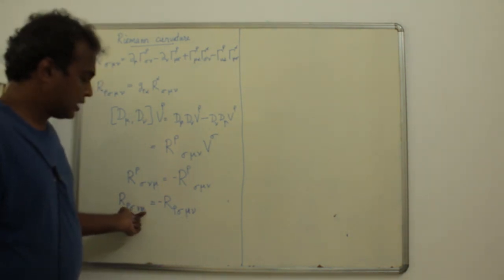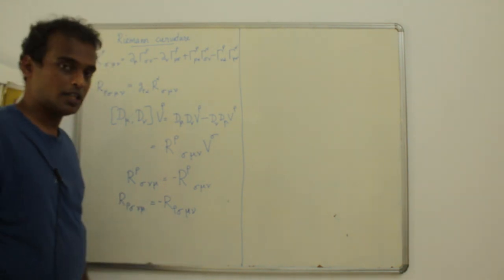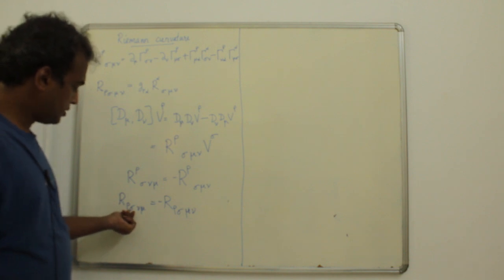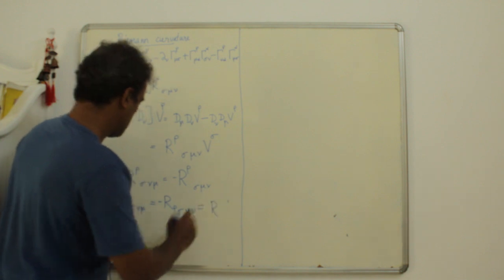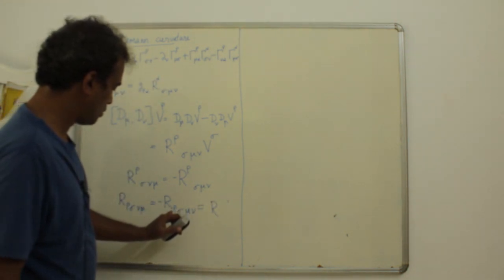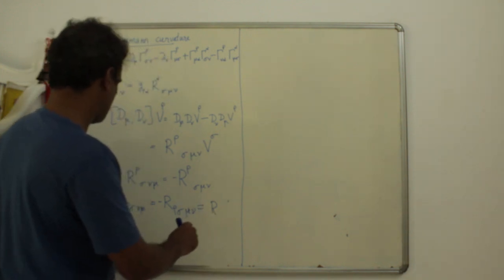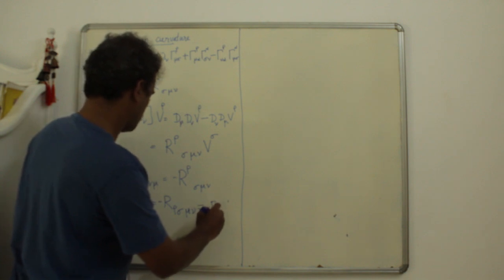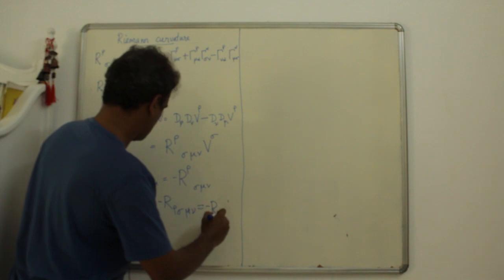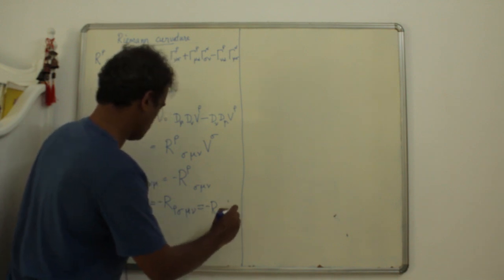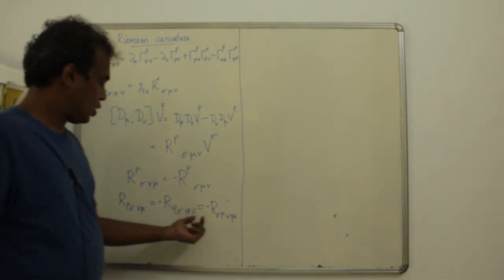The advantage of considering the completely covariant form is that there are more symmetries that become apparent. Especially, if you interchange the first pair of indices, the tensor is again antisymmetric, meaning R rho sigma mu nu is equal to minus R sigma rho mu nu, which makes it clear that the tensor is antisymmetric under the interchange of the last two indices or the first two indices.